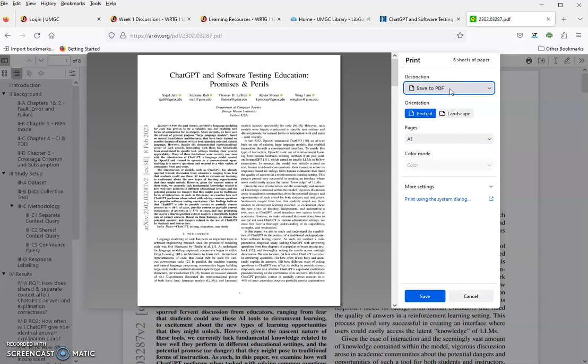Have a specific folder for writing 112 and a specific folder for your research paper, and put all your articles in there. That way you won't have to go back and try to find them. And I'll talk next week about how to take notes that will be helpful. So that's just one thing to remember when you're saving your documents.